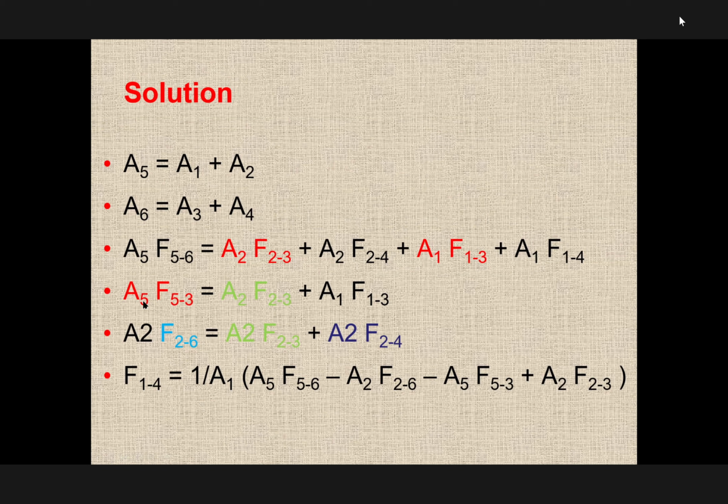Then I can write another expression for only surfaces 5 and 3. I ignore 4. If you look at the graph, the picture that you have, 5 to 3, I can break it down and mention 2 to 3 plus 1 to 3. But I can calculate this one from the graph, and I can calculate this one from the graph again. Therefore, I can substitute in this expression the data here, these two terms.